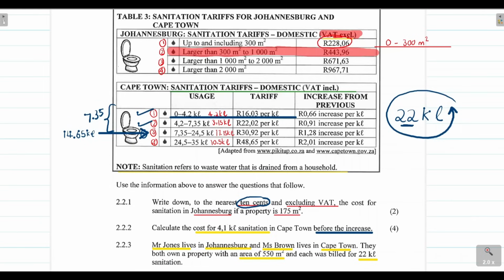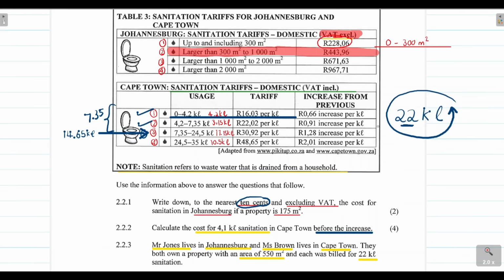And you can check now: if you take 4.2 plus 3.15 plus 14.65, that accounts for 22 kiloliters of sanitation used. So now we're going to write all of that down and calculate the sanitation tariff.